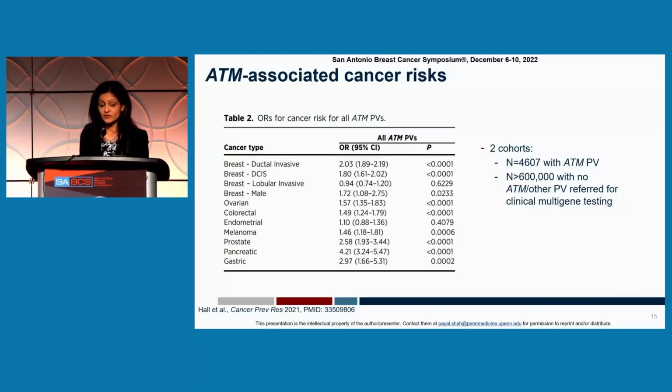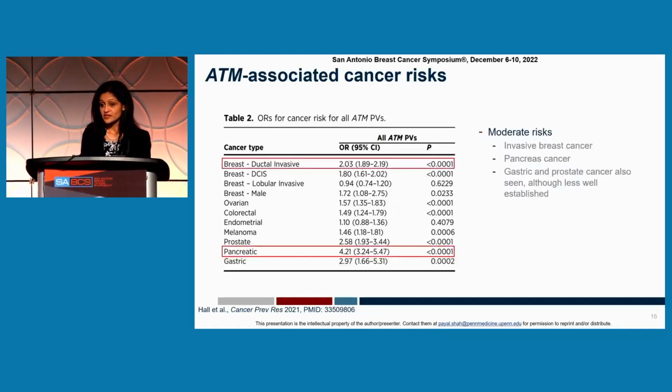So these are data from a study by Hall and colleagues that include a female predominant clinically ascertained population in 2 cohorts, about 4,600 individuals with ATM pathogenic variants and over 600,000 individuals who had germline genetic testing with no pathogenic variants found. They saw moderate risks of invasive breast cancer as well as pancreatic cancer.